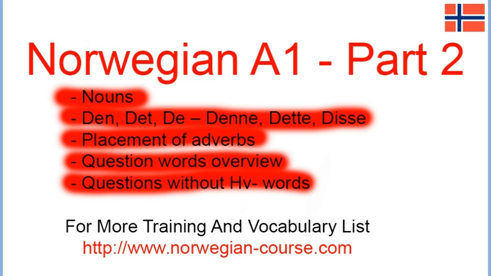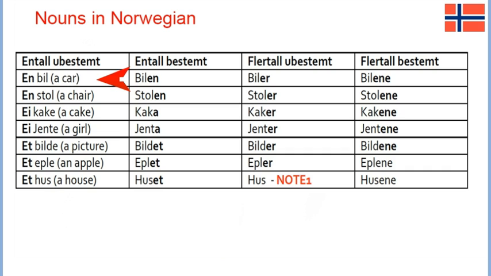Okay, so if we start with Norwegian nouns, which are separated into 3 genders. The first 2, male and female, which we go through first, are similar in many ways, but first the male.